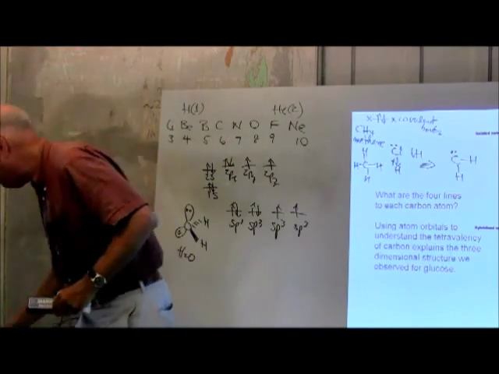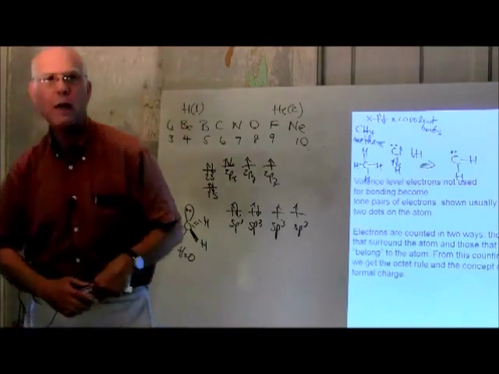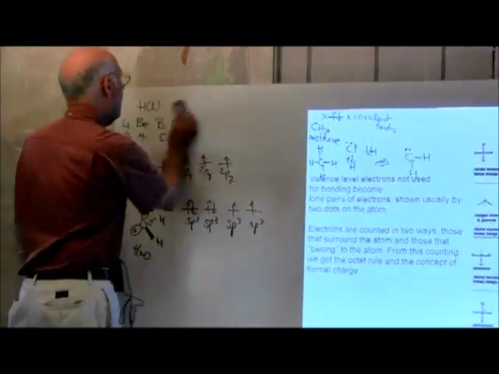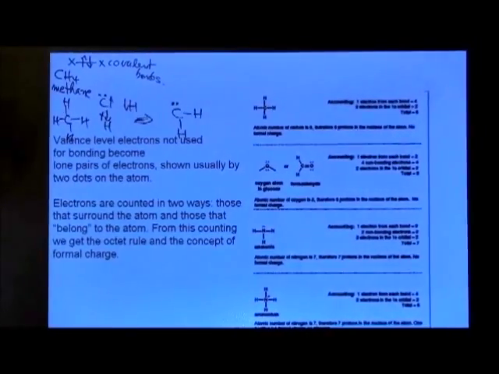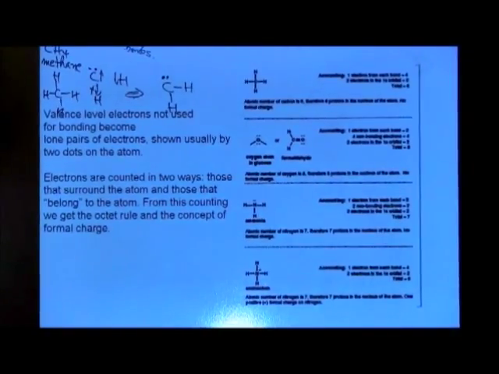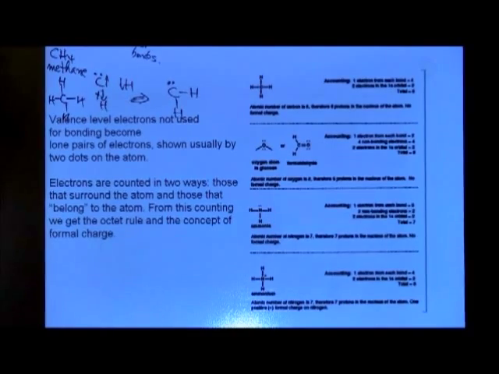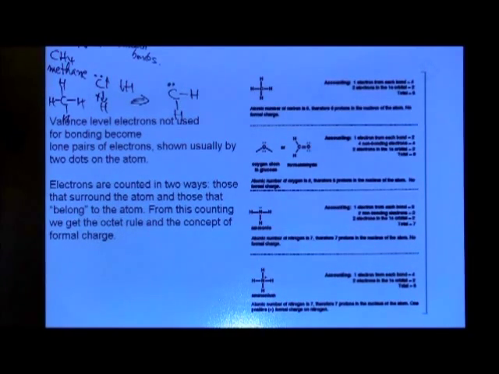Now I'd like to tell you about something else. This is all very fundamental stuff, but it helps us to understand something about glucose, the three-dimensionality of glucose, how the carbons and the oxygens and the hydrogens are bonded.